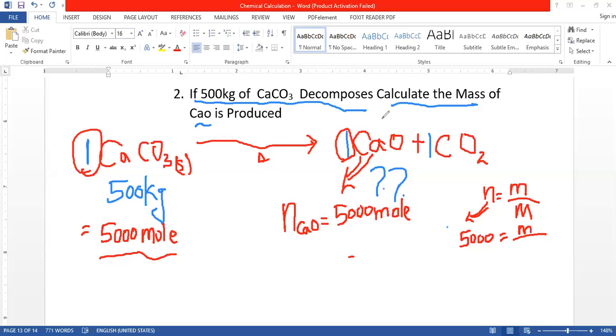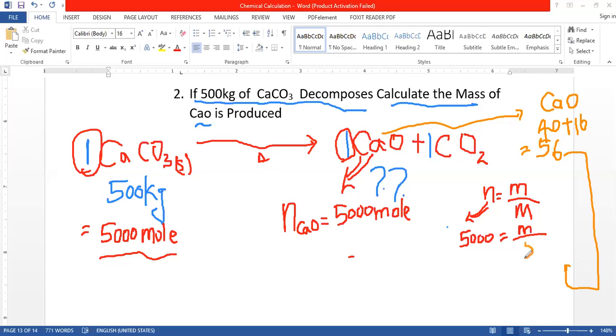Now I'm going to find the molar mass of calcium oxide. Calcium, how much? 40. And oxygen 16. All together 56. I'm bringing this 56 here now.